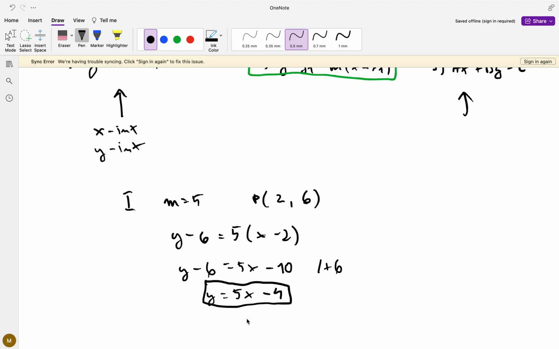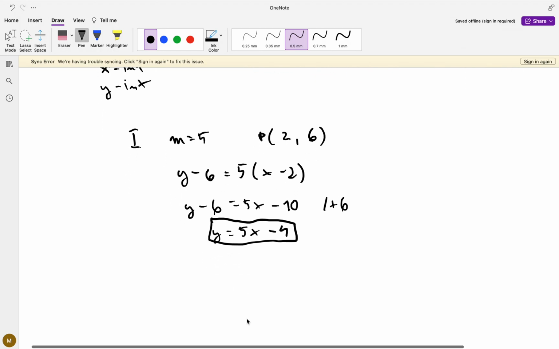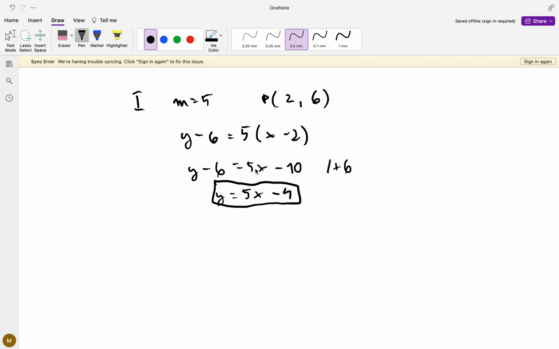Okay, now let's say I asked you to transition or to make that slope-intercept form the standard form. Remember, the standard form goes like this: ax plus by is equal to c. So let's see if we can manipulate this one so it takes this shape.